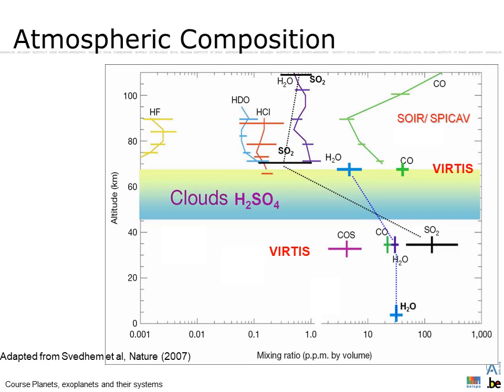Several instruments on Venus Express could characterize the composition of the atmosphere, even going below the clouds using well-defined transmission windows in the infrared. Using solar and stellar occultation, vertical profiles above the clouds could also be obtained.